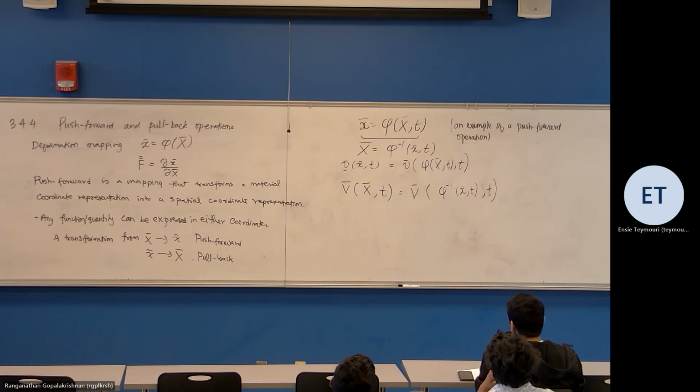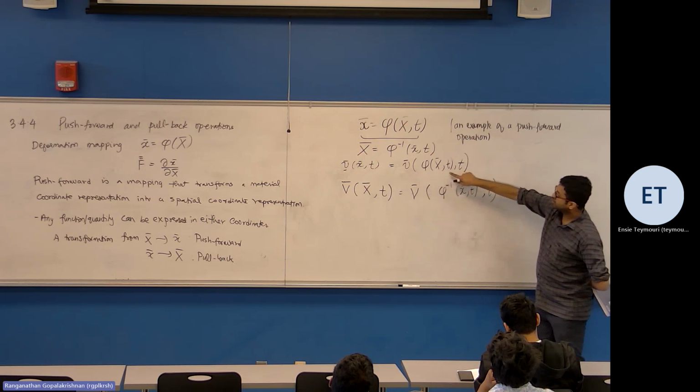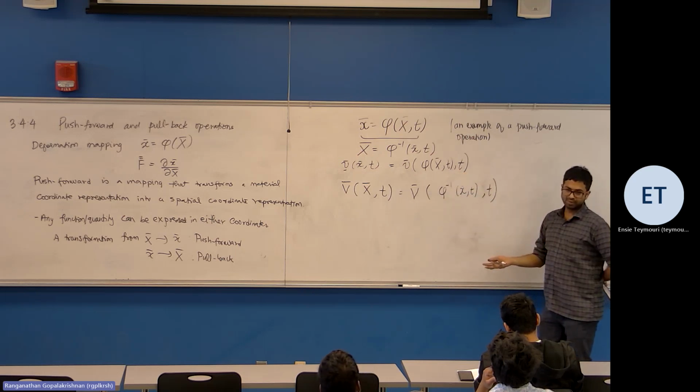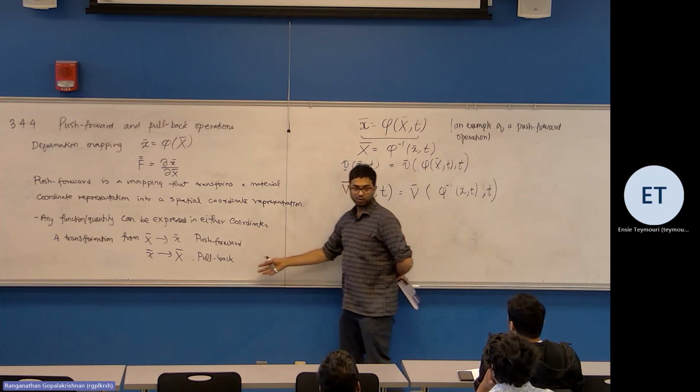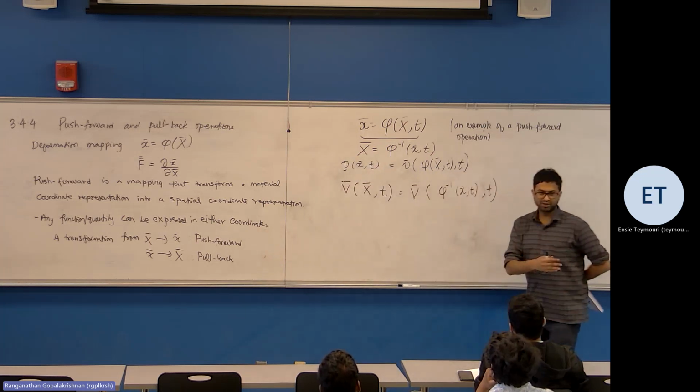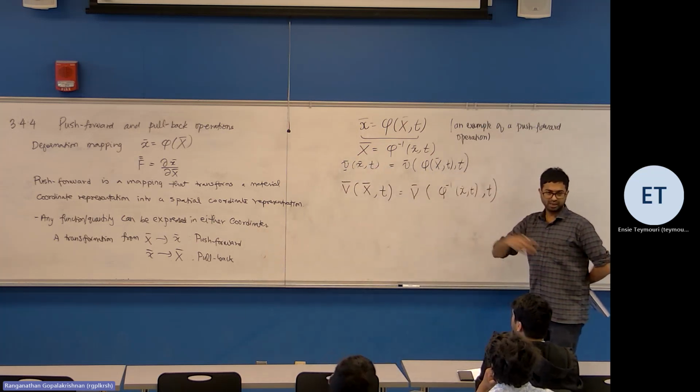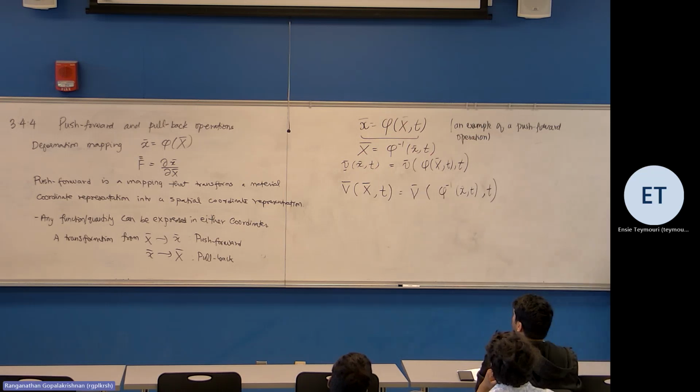Right? I can represent any quantity in terms of the other, or go back and forth between the two, which is what we call push forward and pull back, mapping one function into another coordinate and the other way. Okay.